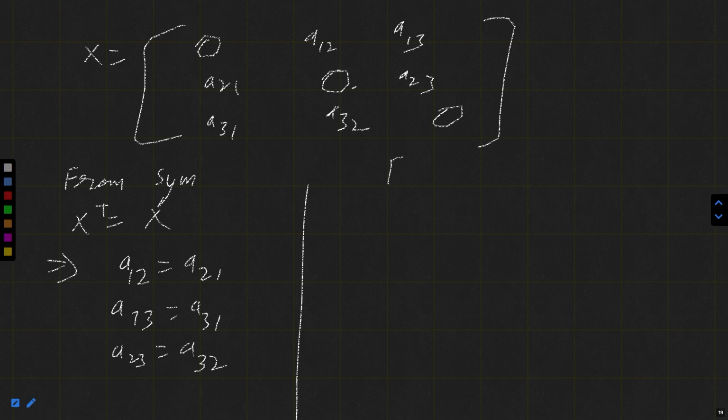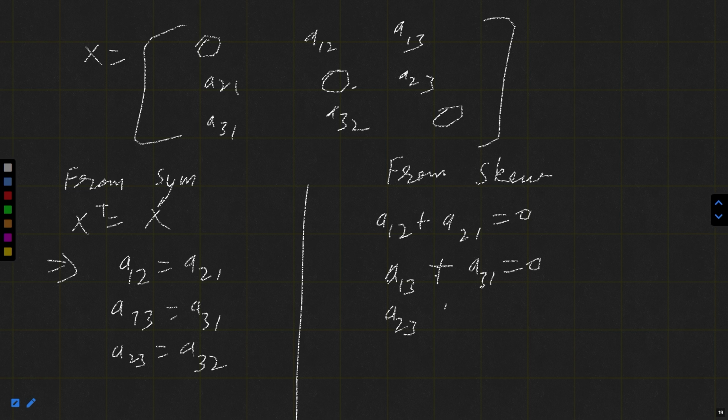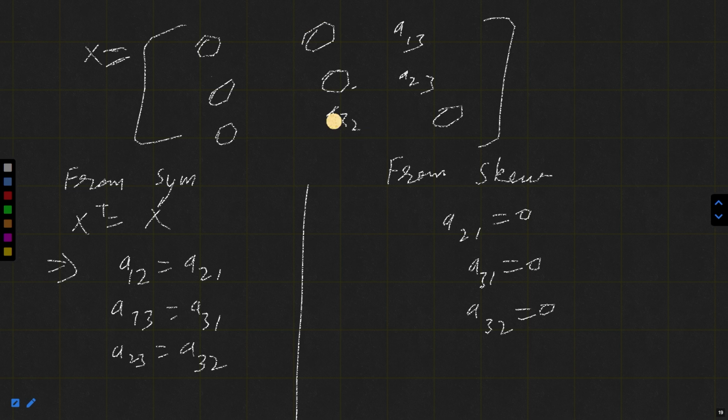And from skew symmetric, you will have a12 plus a21 equals 0, a13 plus a31 equals 0, and a23 plus a32 equals 0. So in general you will always get your 0 matrix: 0, 0, 0, 0, 0, 0.